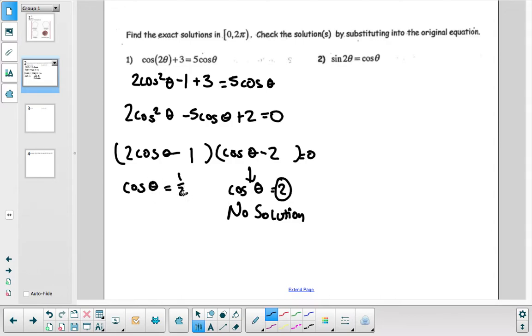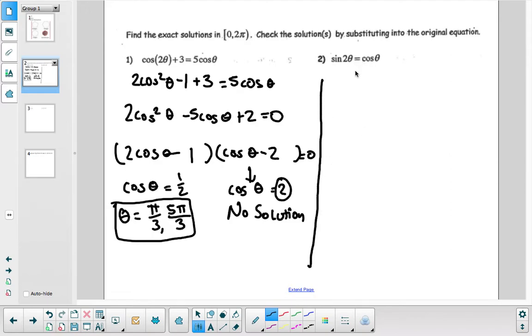Cosine theta equals 1/2 still has some solutions, though. So theta is going to be equal to pi over 3 and negative pi over 3, but remember 0 to 2 pi, so it's 5 pi over 3 if we're going counterclockwise. So those should be your 2 solutions. You can go back and check, plug them in. Do they actually work? If they don't, then you know that something went wrong and fix it.